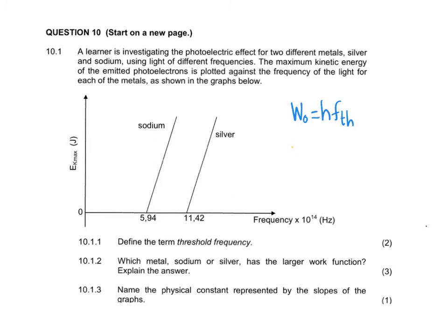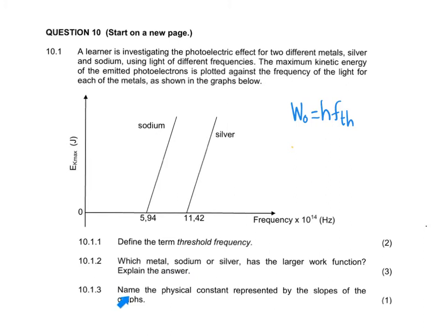In other words, the bigger the threshold frequency, the bigger the work function. We can then see that sodium is going to have a lower work function than silver, because sodium has a lower threshold frequency than silver, and we will explain this in more detail, more formally, soon enough.